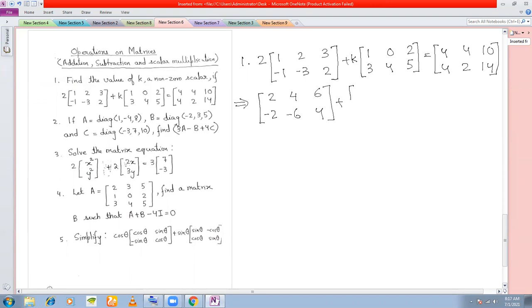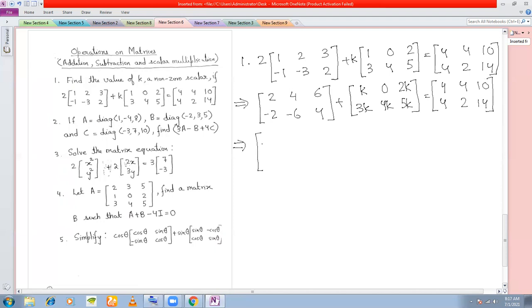Plus, you multiply k also: k, 0, 2k; 3k, 4k, 5k is equal to, on the right hand side, 4, 4, 10; 4, 2, 14.